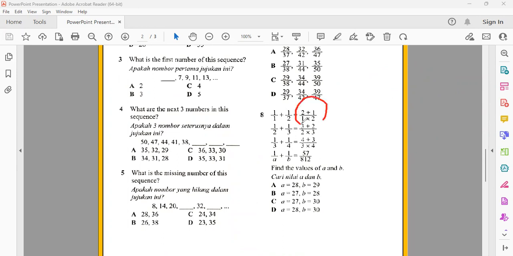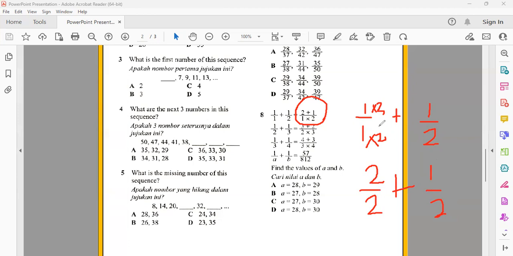First of all, if you remember how to do this, you make your denominators the same. If you have 1 over 1 plus 1 over 2, the denominators are different, right? You want to make it the same. So this fraction will be times 2. So you will have 2 over 2 plus 1 over 2.